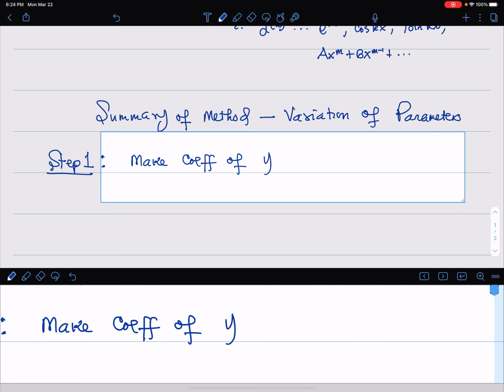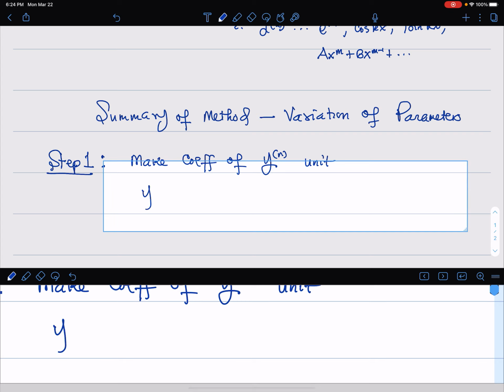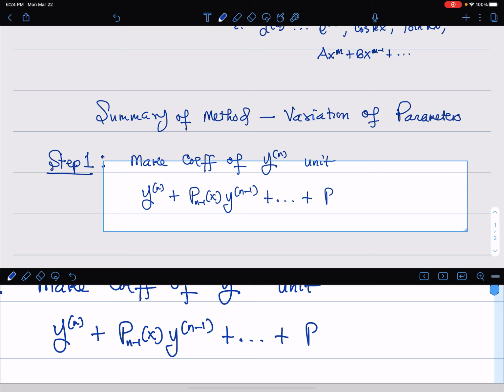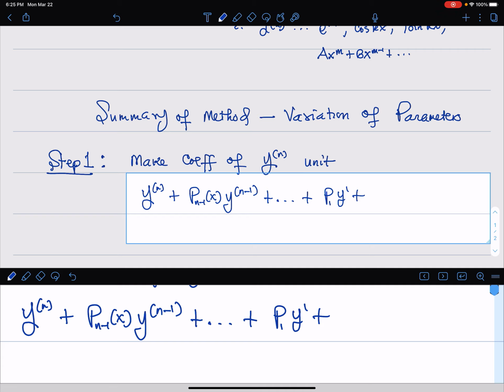If we do that, we end up with y^(n) plus pn minus 1 of x y^(n minus 1), all the way to p1 y prime plus p0 of x y equal to, instead of g of x, let's now call it f of x.